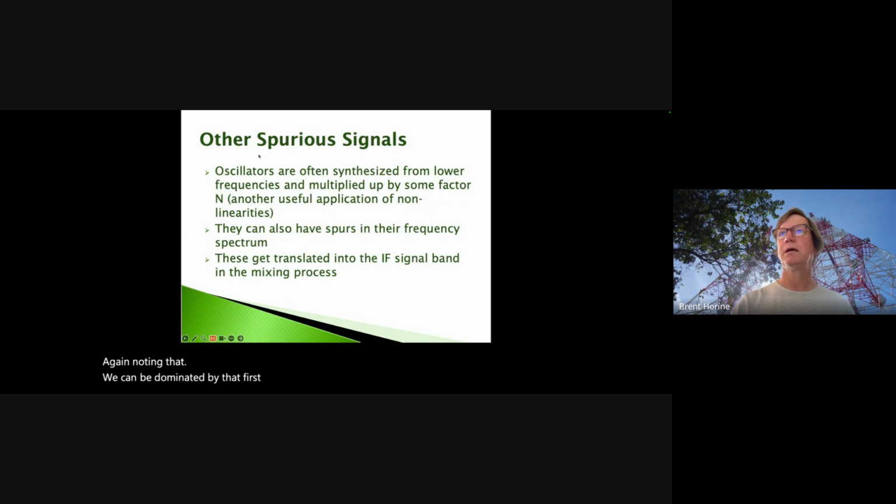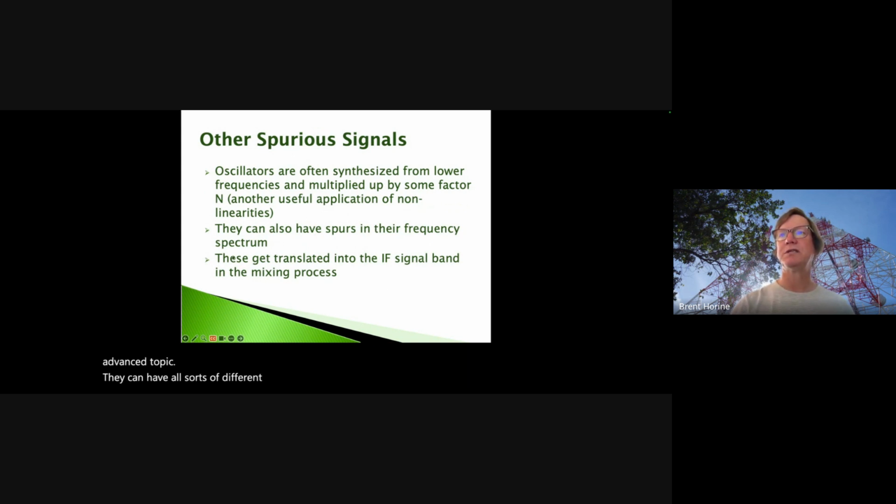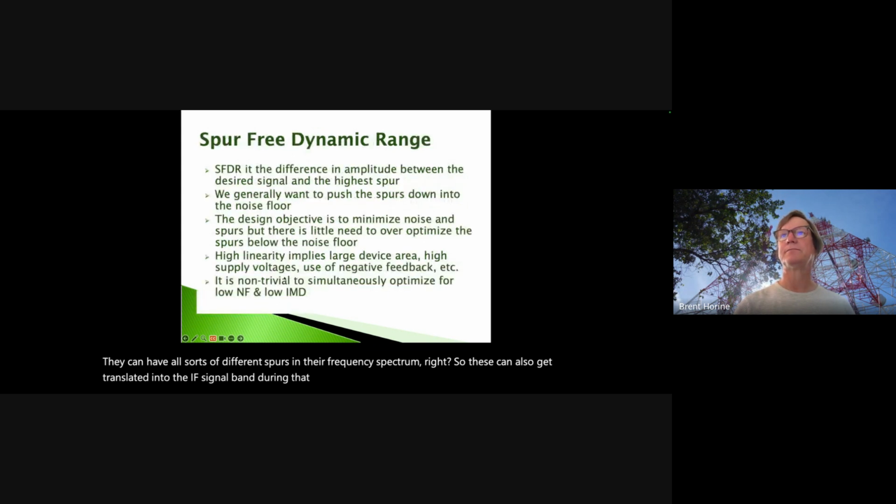So other spurious signals we need to worry about: oscillators are often synthesized for lower frequencies and might be multiplied up by some factor n, another useful application of these nonlinearities, or maybe it's in a phase lock loop. It's more of an advanced topic. They can have all sorts of different spurs in their frequency spectrum, right? So these can also get translated into the IF signal band during that mixing process.